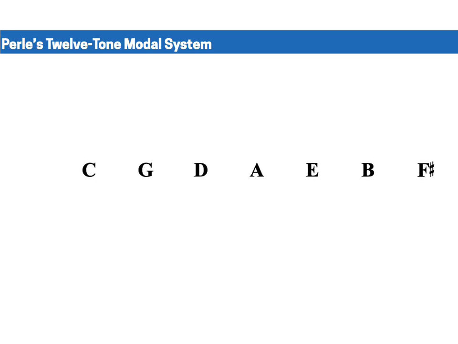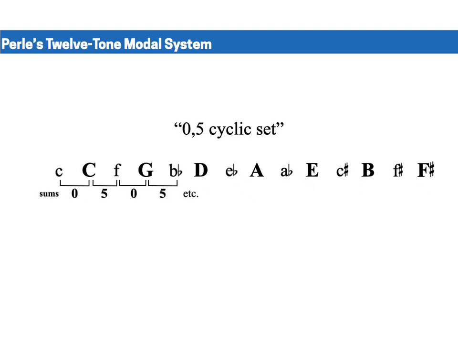As shown on the screen, an ascending interval 7 cycle, C, G, D, and so on, and its inversion, a descending interval 7 cycle, C, F, B flat, etc., are merged to generate a linear pitch class series which Perle called a cyclic set. It is labeled 0, 5 because the set contains alternating sums of 0 and 5.